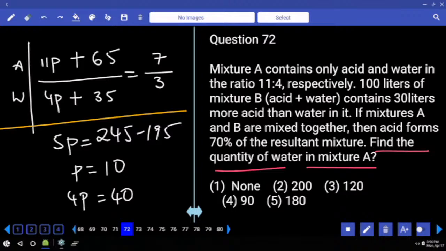After adding 35 to the option, it has to be a multiple of 3. First option none of these, keep it this side. Second option 200 plus 35 is 235. Is it a 3 multiple? No, eliminate.